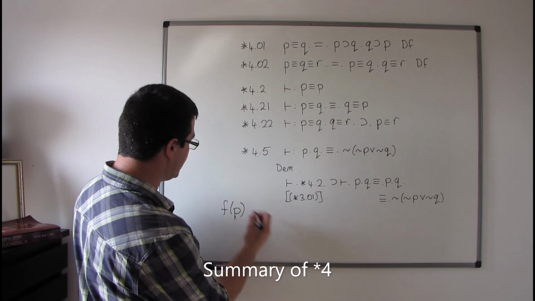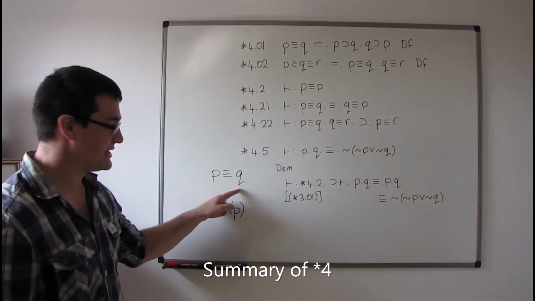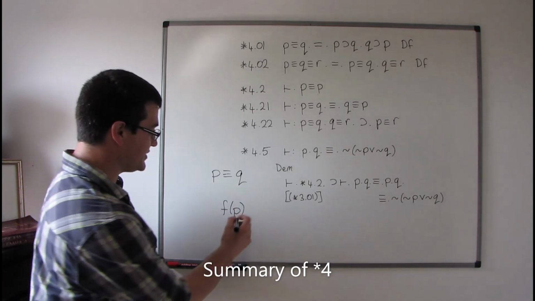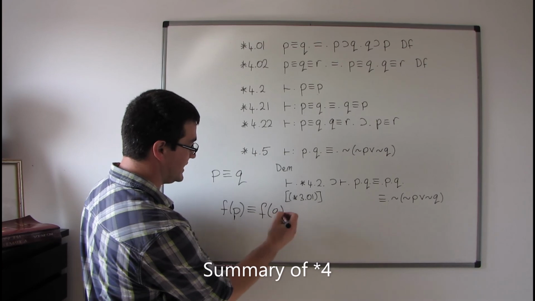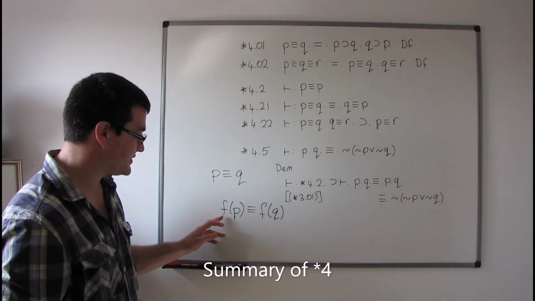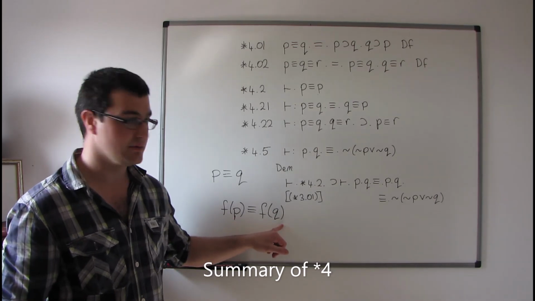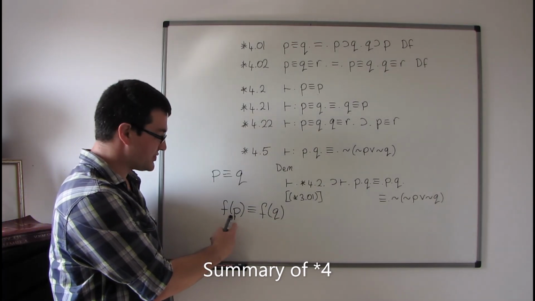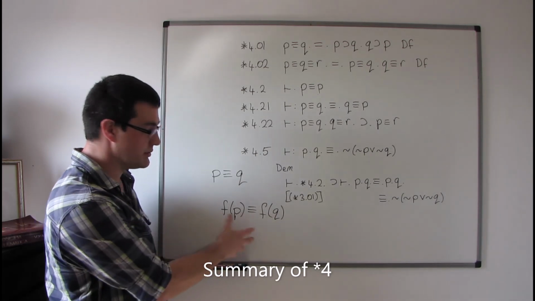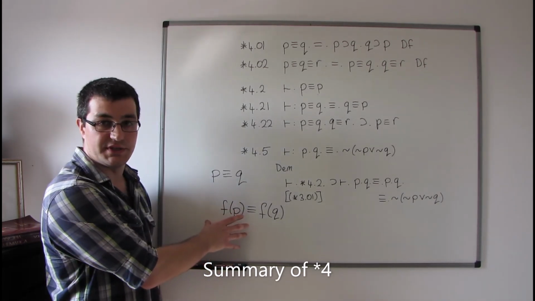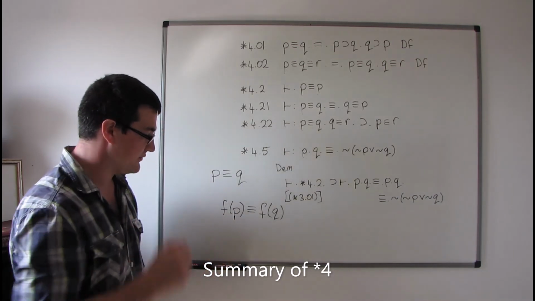So therefore, if I know that p is equivalent to q, then they've got the same truth value. That means wherever I see p, I can replace it with q. And if f is a truth function, then f of p will be equivalent to f of q. Remember, if this is a propositional function, then with fixed values of p and q, these will become propositions themselves. So this symbol makes sense between these two functions here.